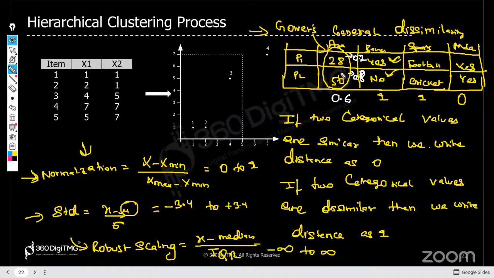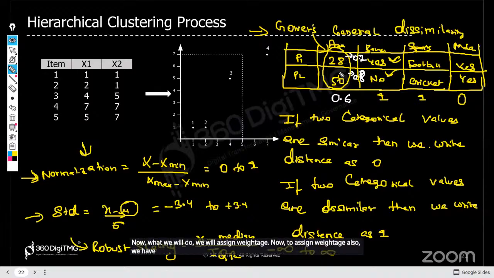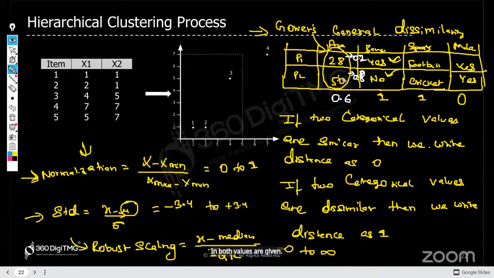Now to assign weightage, we also have certain criteria. If both values are given, we will give weightage as 1. If any one of these values is missing, we will give weightage as 0. Here in this case, all values are given. Imagine that I don't have this value.